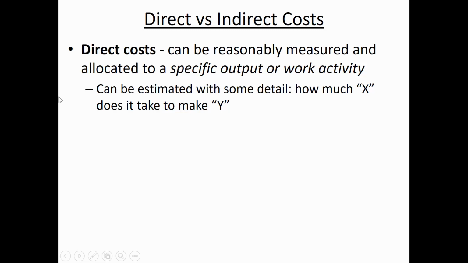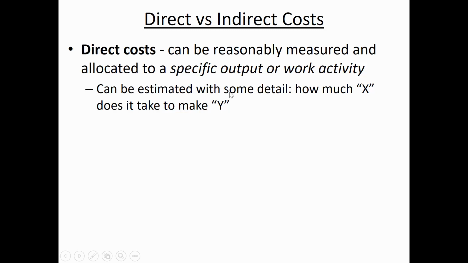So this ties into direct costs versus indirect costs, and we've already discussed this before, but now that we're in the specific cost estimation chapter, let's go over this again. The direct costs are those that are specifically tied to output or work activity. So remember when we were talking about the Twinkies and a factory that produces Twinkies.